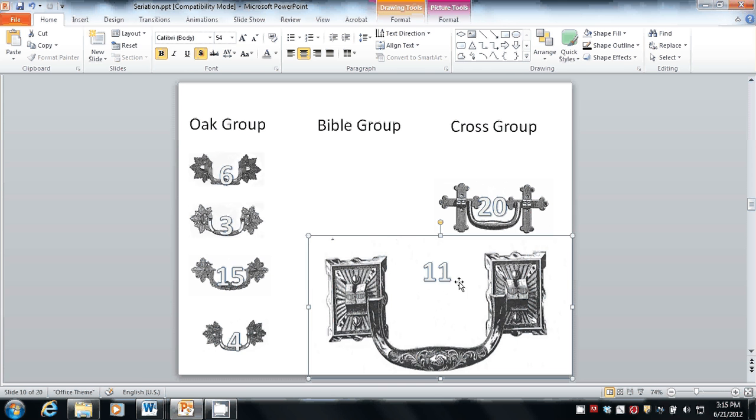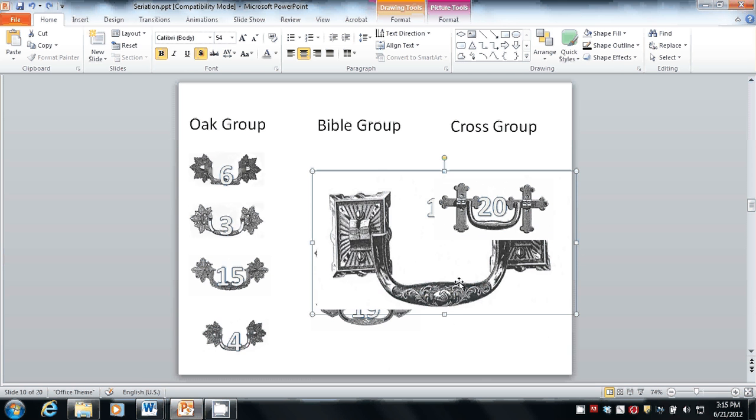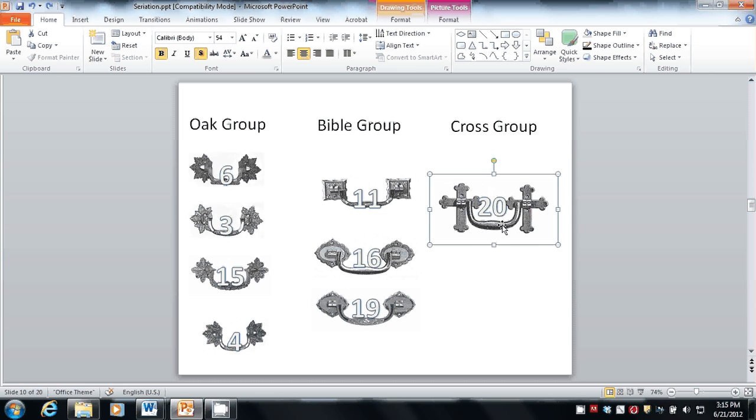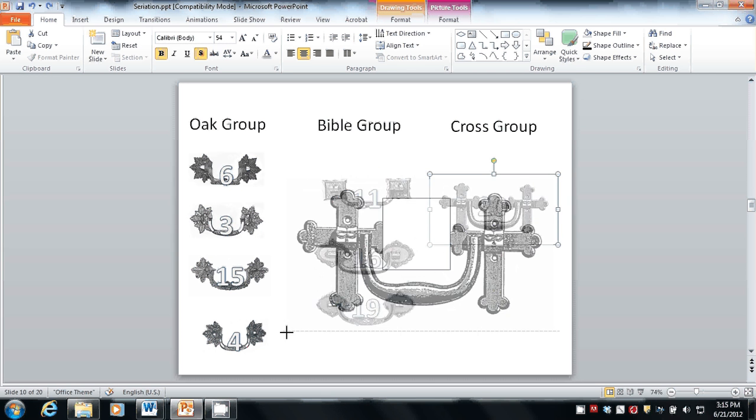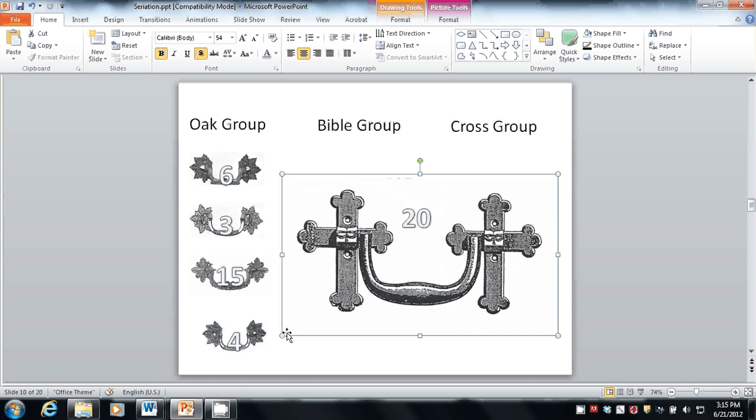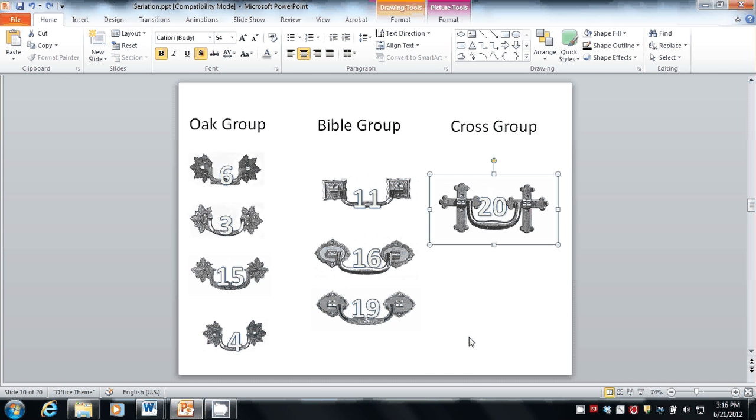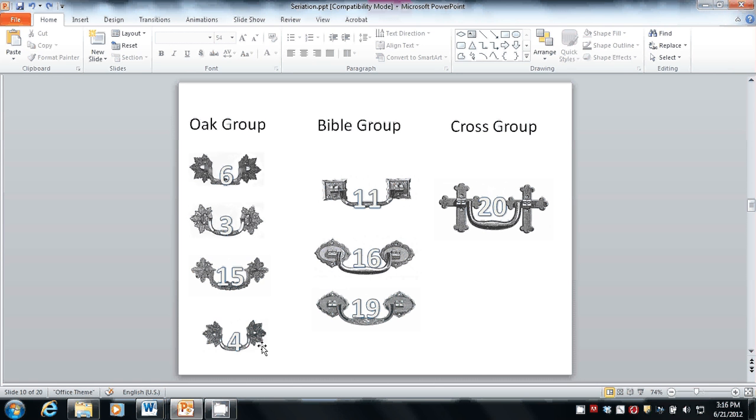And since that same sort of book is associated with a cross over here, then I'm imagining that book is likely a Bible. Alright, so we have a group that has these so-called oak leaves and acorns. We have one which has the Bible.